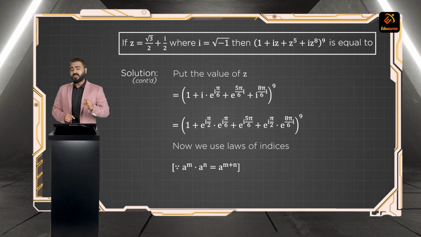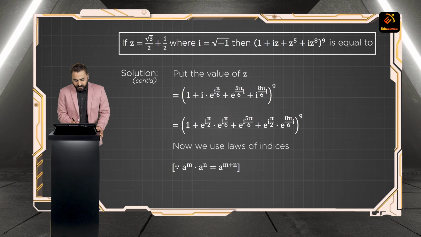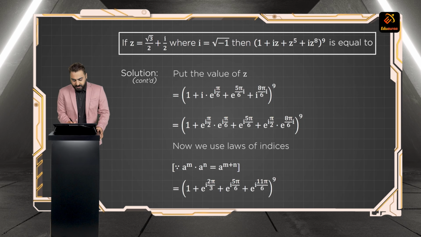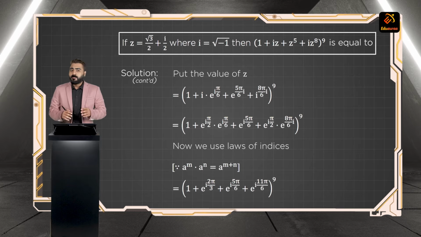So students, when we use the laws of indices, we know that a raised to m into a raised to n is equal to a raised to m plus n. So with the help of our basics, we will write the next step as 1 plus e raised to i 2 pi by 3 plus e raised to i 5 pi by 6 plus e raised to i 11 pi by 6, whole raised to 9.